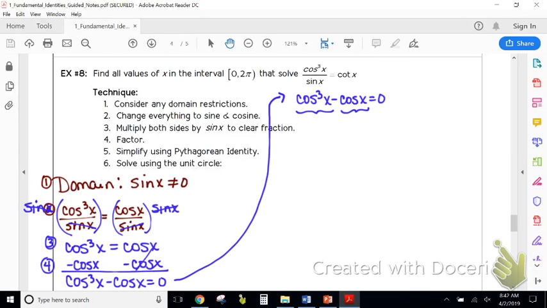More than just x. Cosine of x, right? So let's take out a cosine of x. I see a squared and a 1 together. So, yeah, I'm thinking Pythagorean identity.